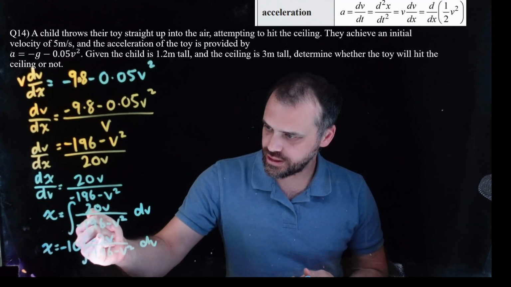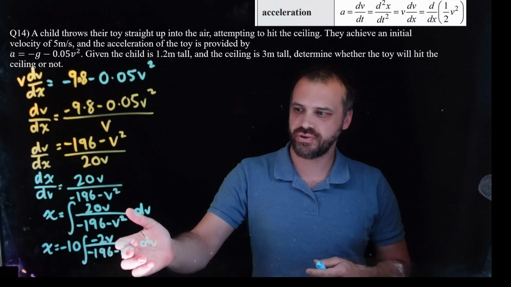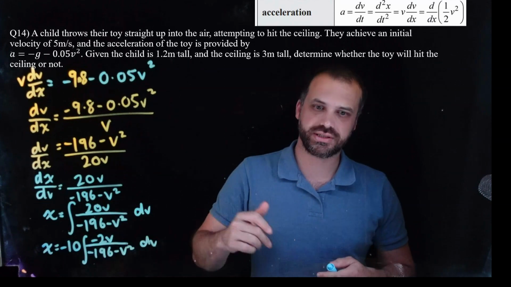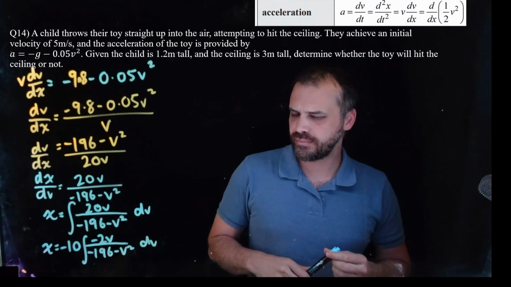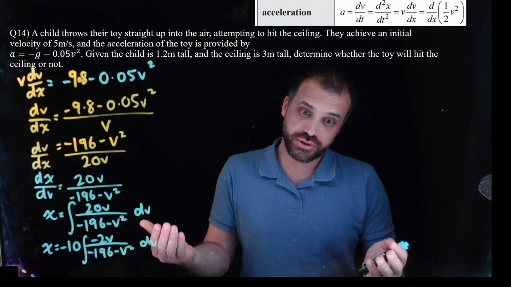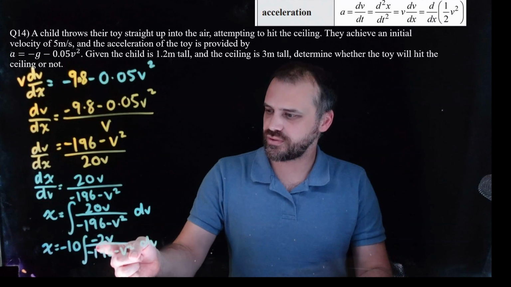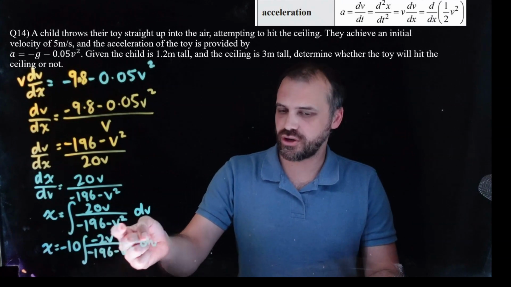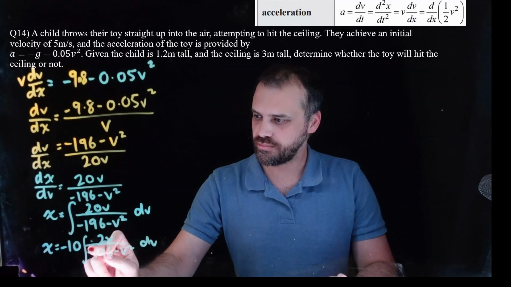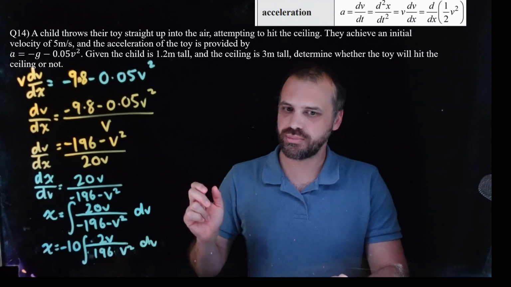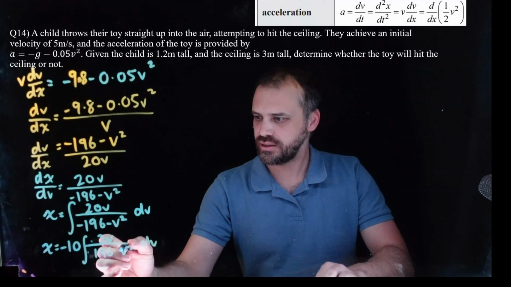Now this, negative 2v, is the derivative of negative 196 negative v squared, so I get to use my funky little rule. Before I do that though, I notice that I've got a negative over here, I've got a negative over here. I can actually rewrite that as just 2v positive over 196 positive v squared.